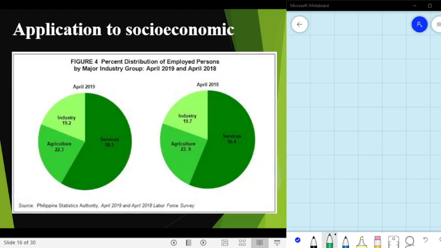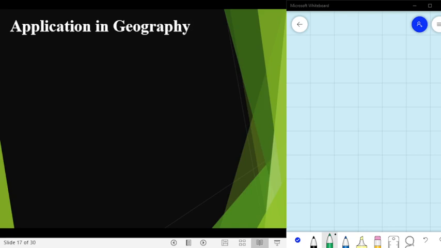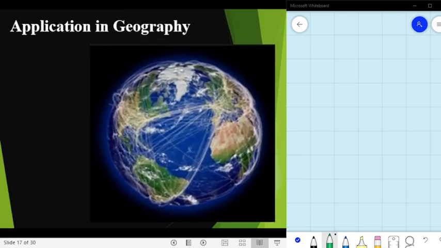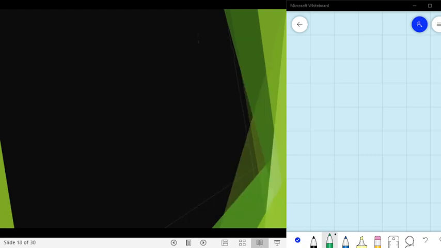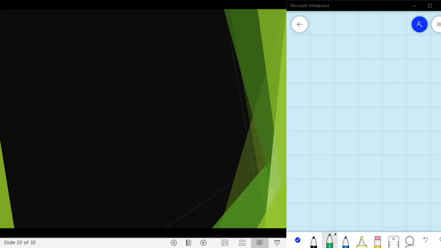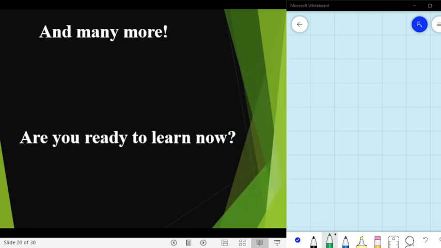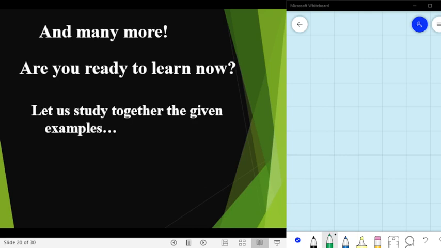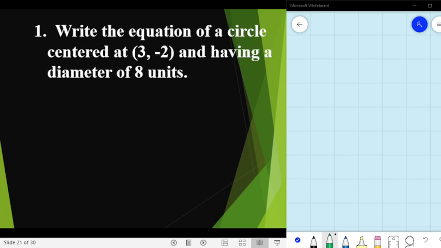Ang mga kanang statistics, gamit og pie charts. Application in geography. So, atong kalibutan nga itong gipuyaan, lingin. Application to engineering, application in physical science, and many more. So are you ready to learn now? Okay, let us study together the given examples.